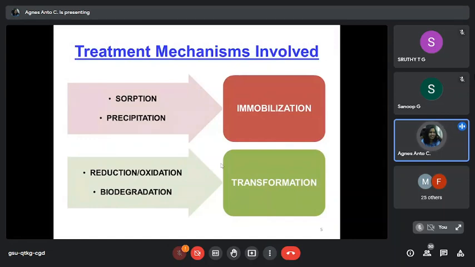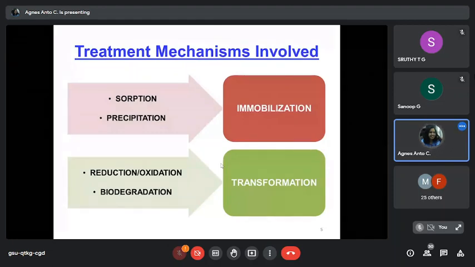We know that hexavalent chromium, or Cr6+, is a very toxic form of chromium because it leads to carcinogenic effects. Now when this hexavalent chromium interacts with iron, zero valent iron being an electron donor, your hexavalent chromium gets reduced to trivalent chromium, or Cr3+.